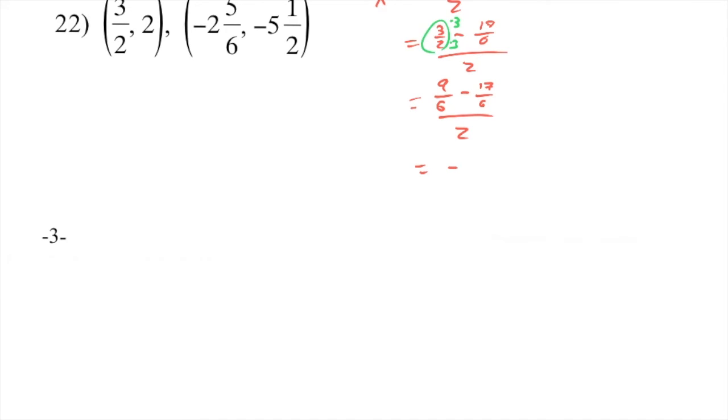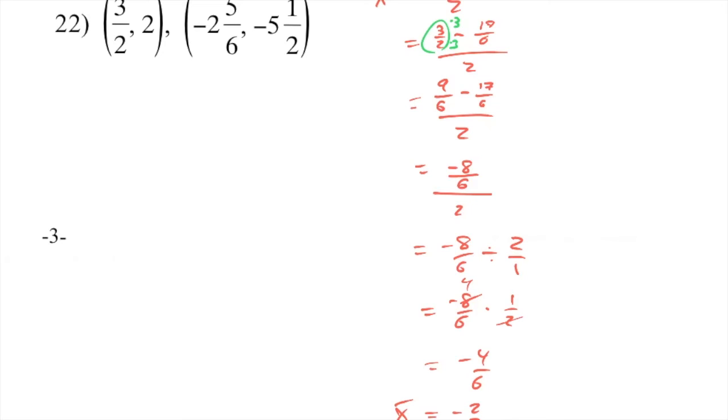Great. We're going to do the same thing with the y values, but it'll be a little bit easier. Average y is going to be 2 plus negative 5 and a half over 2. 5 is 10 halves and 1 more half, so 11 halves all over 2. 2 in halves is really 4 halves minus 11 halves all over 2.